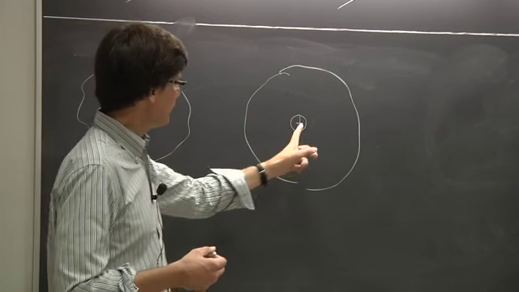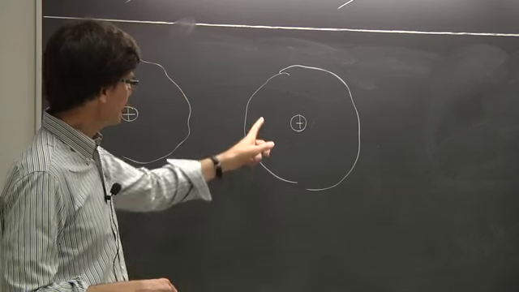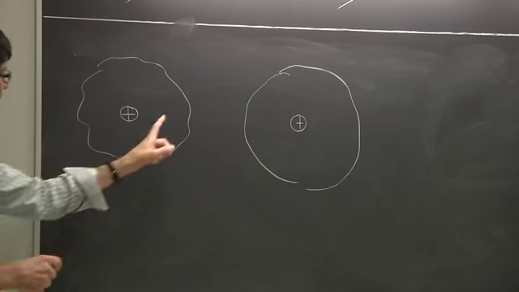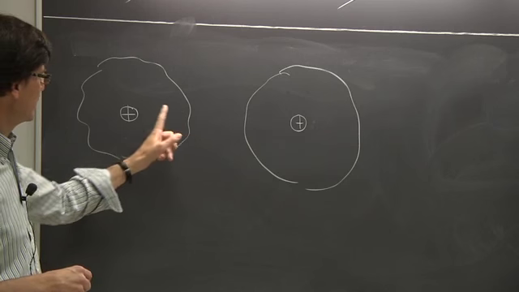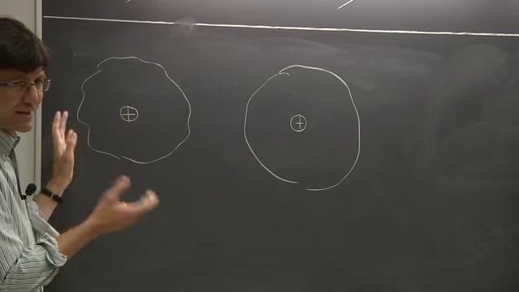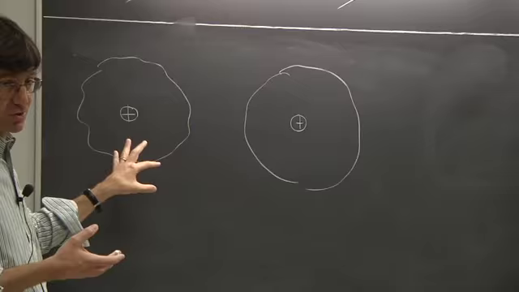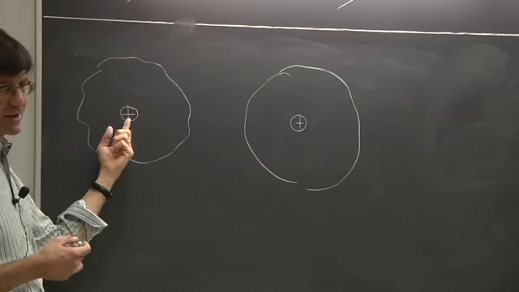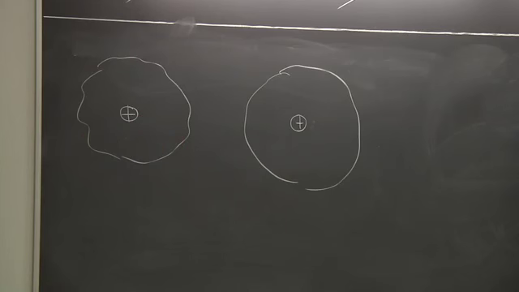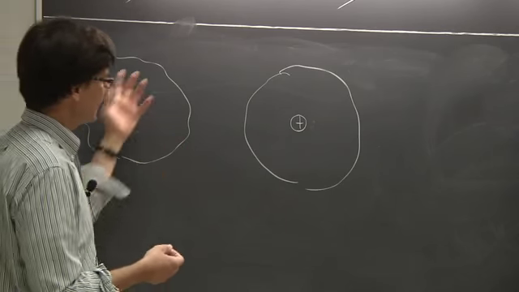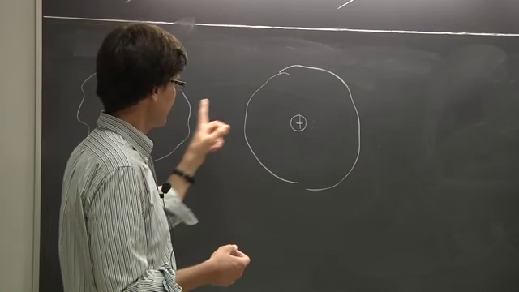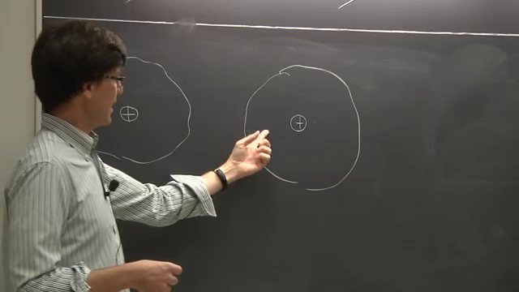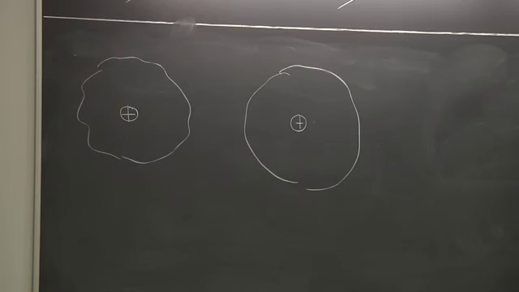This electronic cloud will be attracted by this nucleus, and this one by that nucleus, right? Of course, the attraction of an electronic cloud to its own nucleus is already taken into account because that problem has been already solved. The shape of the wave function reflects precisely that interaction. So what I need to consider as an additional ingredient is only the interaction of this electronic cloud with the other nucleus, and with its neighbors.